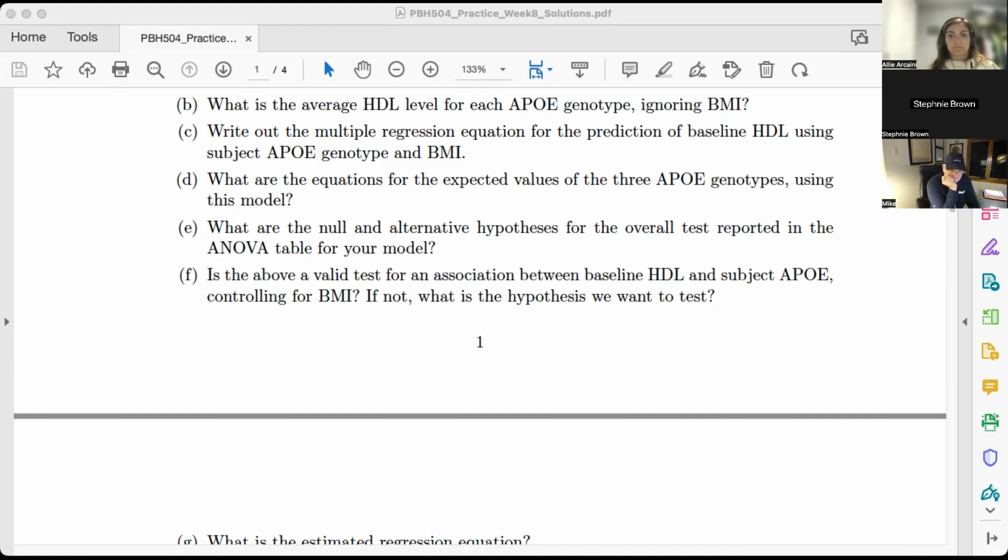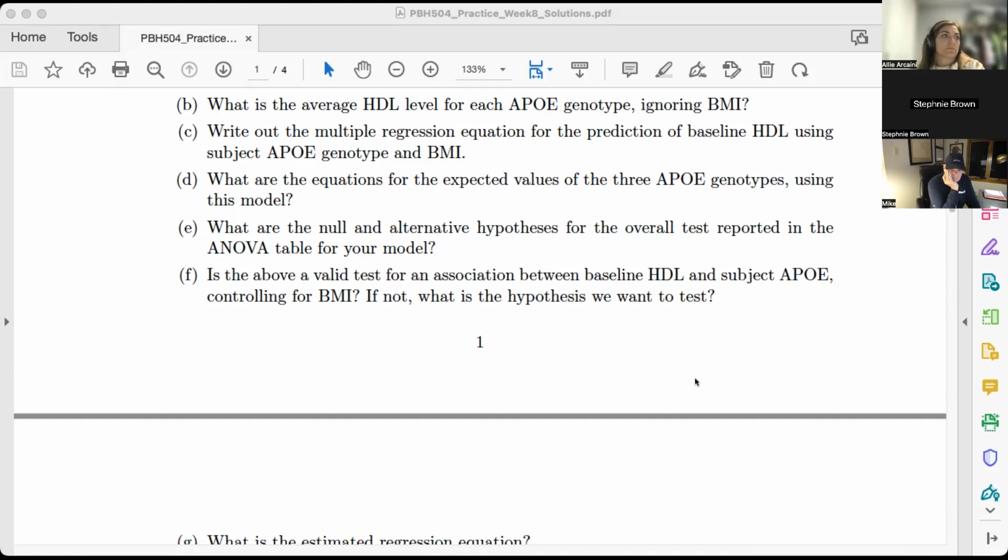So it's the expected value of HDL given BMI and E2. The mean HDL for group E2 is simply beta 1 times E2 plus beta 3 times BMI, right?